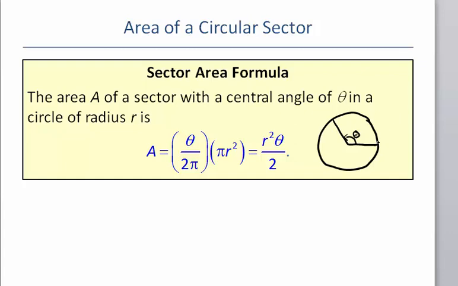And remember that your arc length would be this arc here. So if we're talking about the area of the sector, we're talking about the area of this section that's sort of sectioned off by that angle. And we're told that the area is equal to, and again, this part in the middle is sort of the why behind the formula, but the actual formula that we'll be using is r squared theta divided by 2.